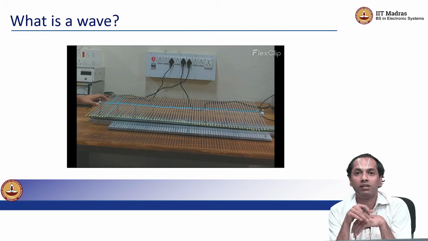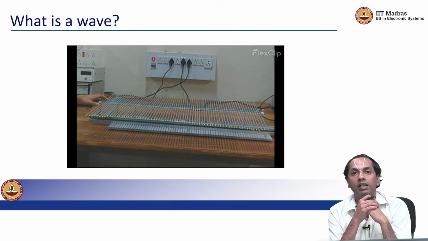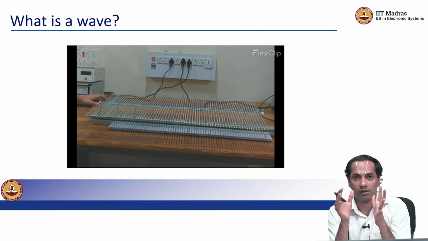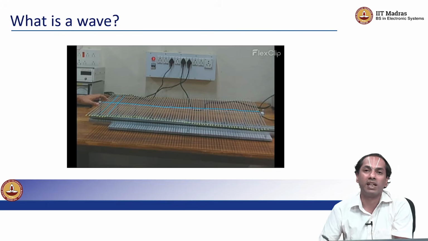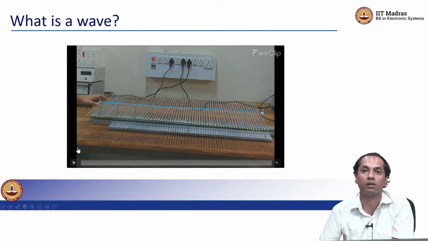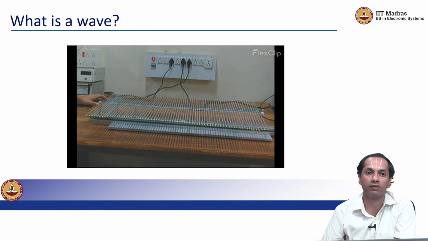I'm going to play this video where I create a torsion, similar to creating a voltage at a particular point on the transmission line, and I'm going to see something. I want you to observe the video and we'll make some comments about what is happening, and we'll try to answer the question: what is moving, or what is waving in a wave?